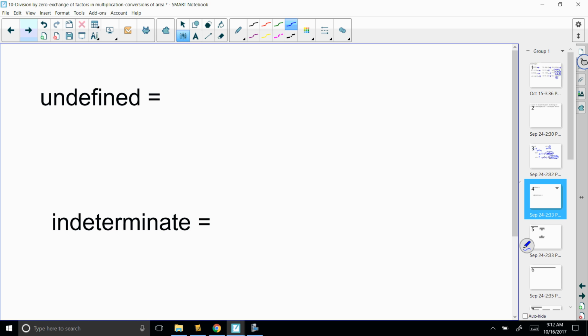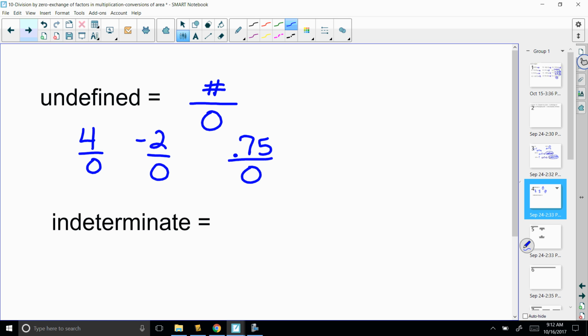So as we look at it, what does undefined mean? Undefined means that you are going to have an expression where you have a number divided by 0. Examples: 4 divided by 0, negative 2 divided by 0, 0.75 divided by 0.